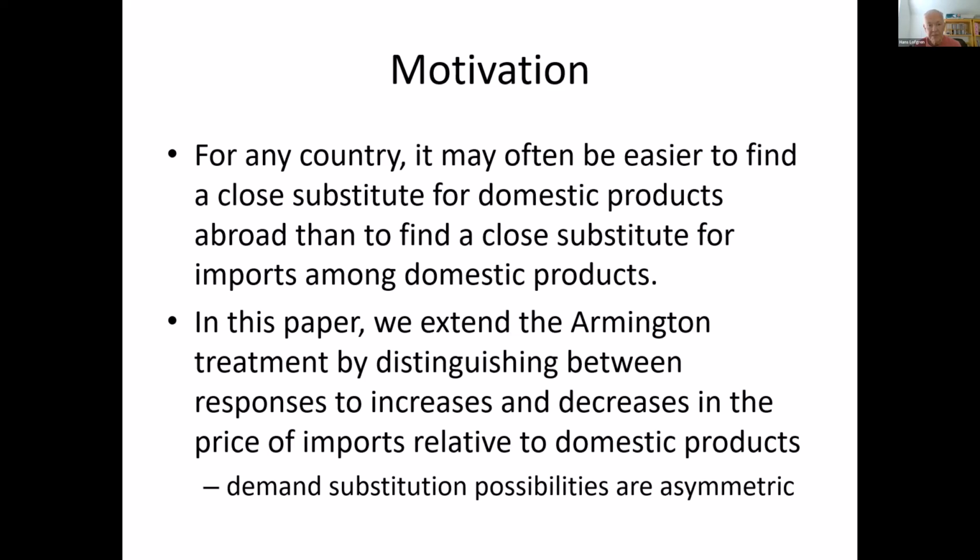So that's the motivation. That's why we are extending the Armington treatment so that we get different responses to increases and decreases in the prices of imports. That's where the term asymmetric comes from.